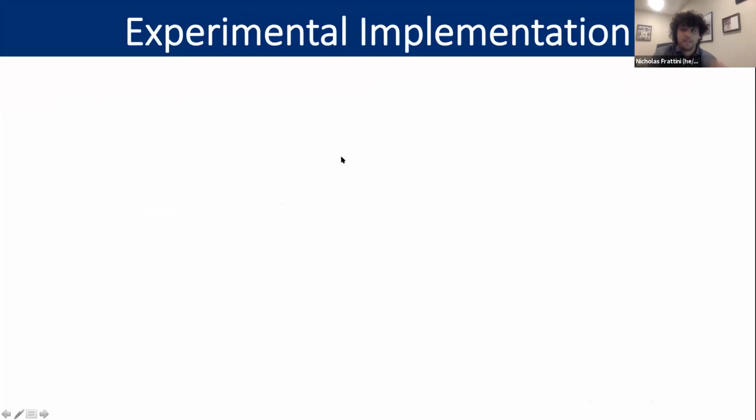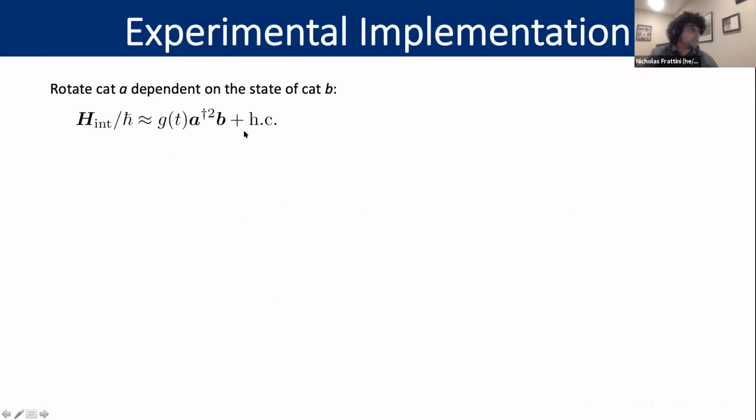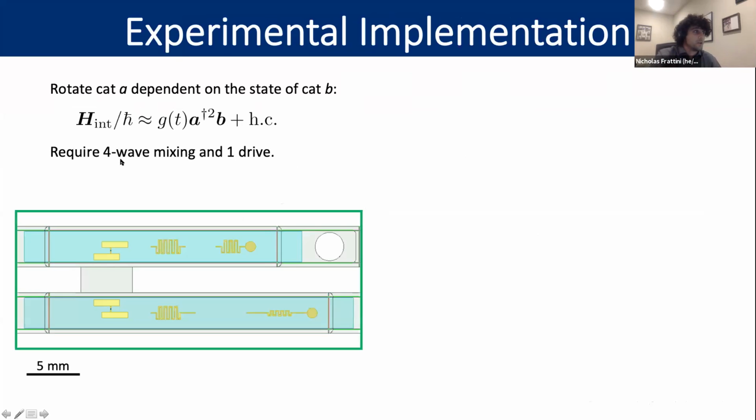So that's good. That means we can design an experimental implementation. All we need is that 2-photon drive dependent on cat B. And that requires 4-wave mixing and 1 drive. 4-wave mixing now between 2 SNAILs, which if we have a capacitive coupling between them, is sort of an architecture that looks like this. We have a SNAIL, a readout resonator and a filter, and a second one down here at the bottom on the second chip.